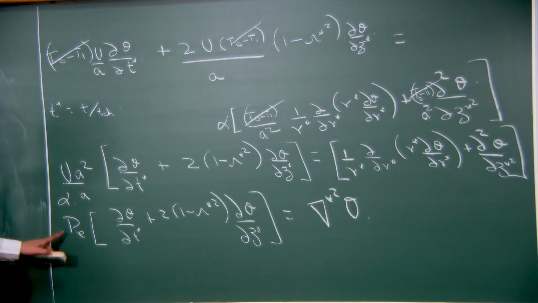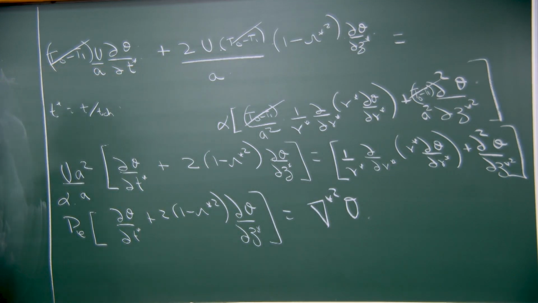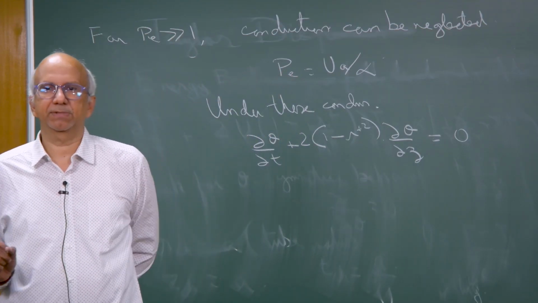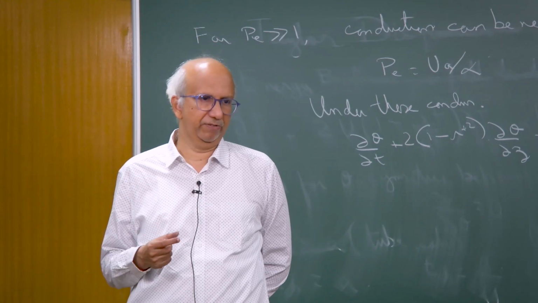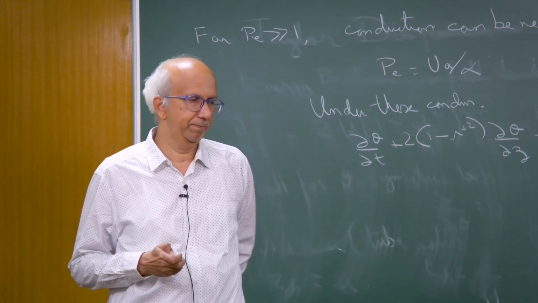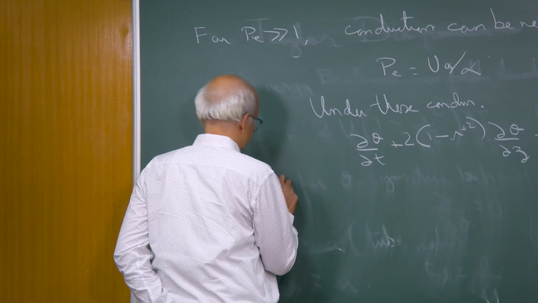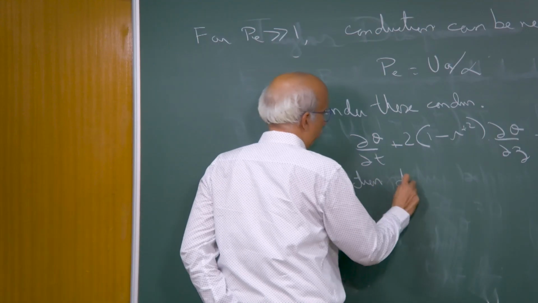That is, I am dividing by Peclet number, which is large, so this will go off. What this means is your conduction terms can be neglected and you only have the unsteady state term and you have the convection term. Okay. So, here convection dominates.